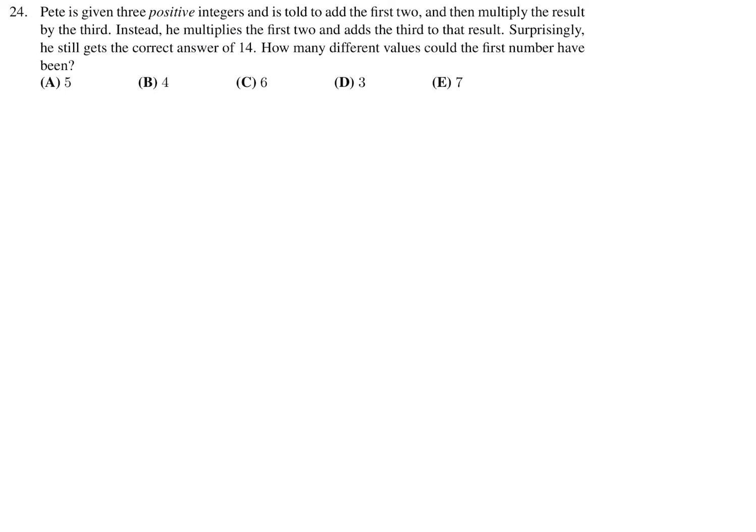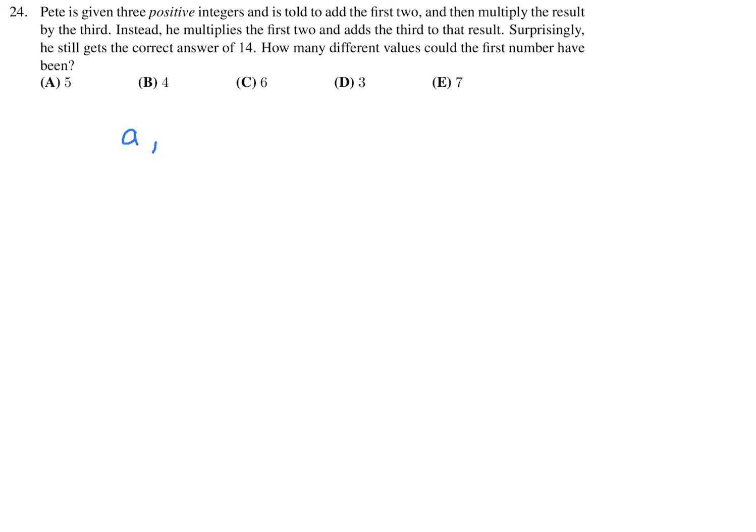Pete is given 3 positive integers and is told to add the first 2 and then multiply the result by the third. Instead, he multiplies the first 2 and adds the third to that result. Surprisingly, he still gets the correct answer of 14. How many different values could the first number have been?